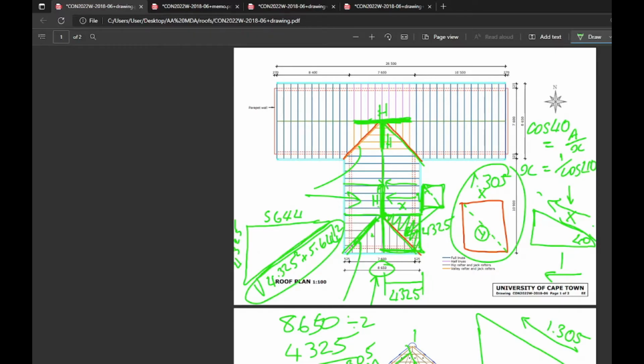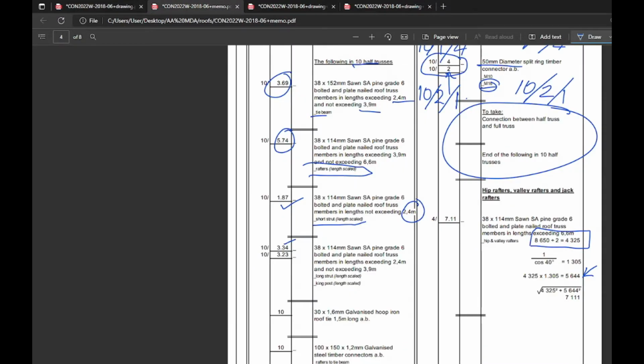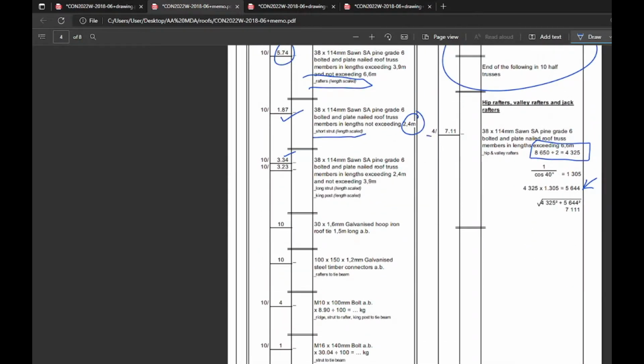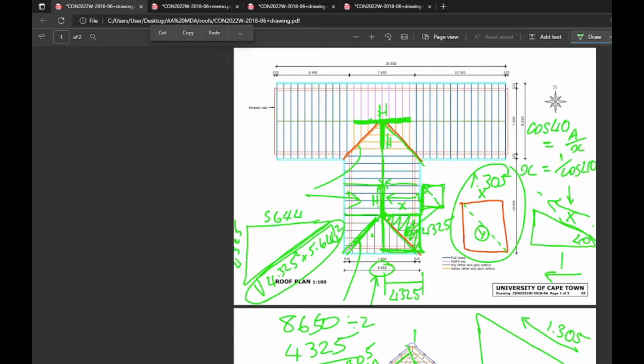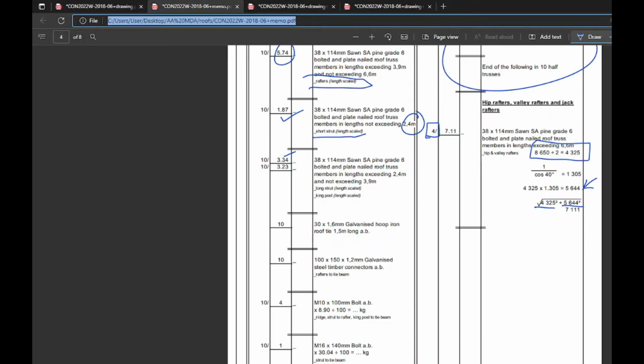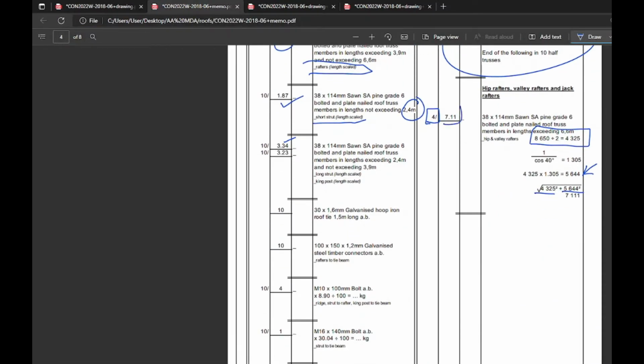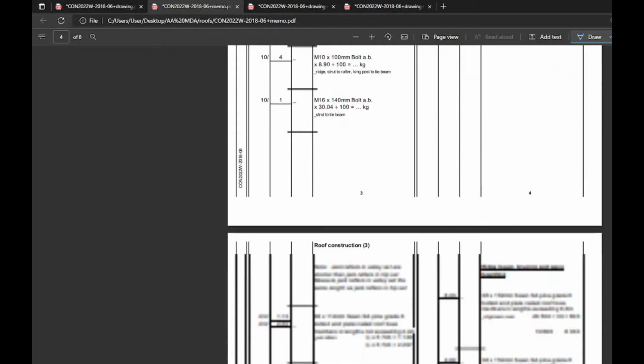Okay? Both of them will be that value. So we will apply it by 4, which is exactly what has been done here. 4 times, and here's our Pythagoras, 5.644, 4.325, 5.644, can't see it very well, but it is there, trust me. And you put it in there, times it by 4, and that is that.